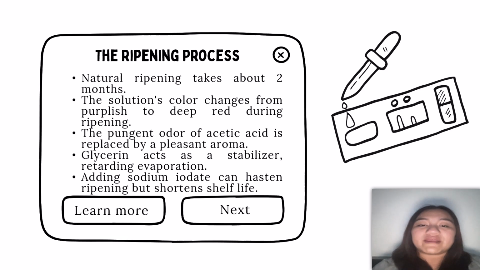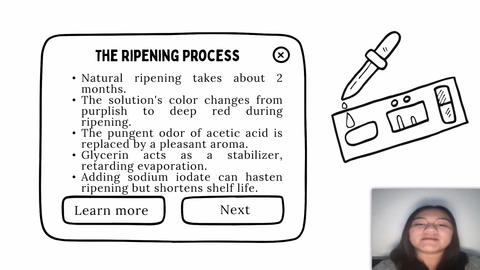It also has a ripening process, in which natural ripening takes about 2 months, and the solution's color changes from purplish to deep red during the ripening. The pungent odor of acetic acid is replaced by a pleasant aroma. We also use glycerin, which acts as a stabilizer for retarding evaporation.